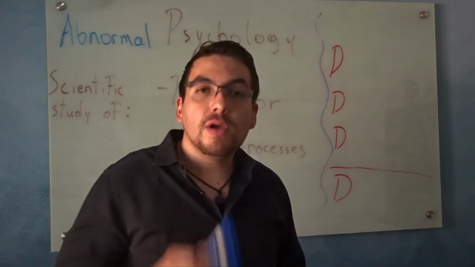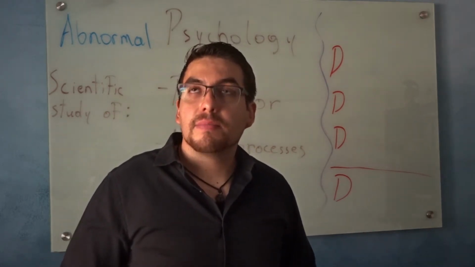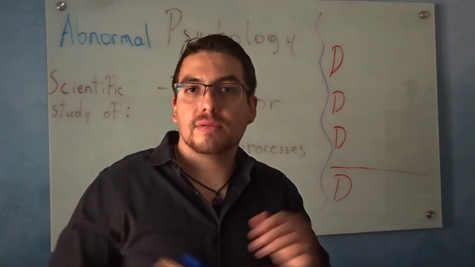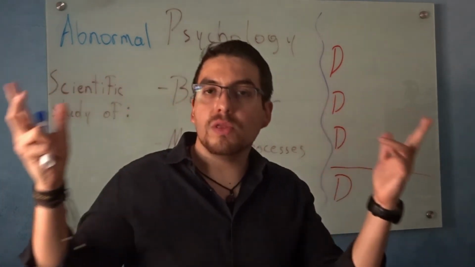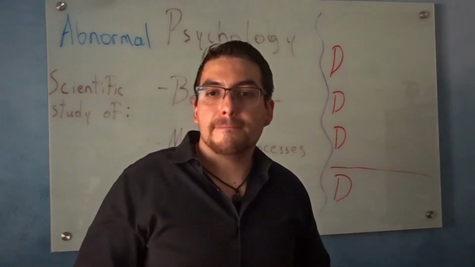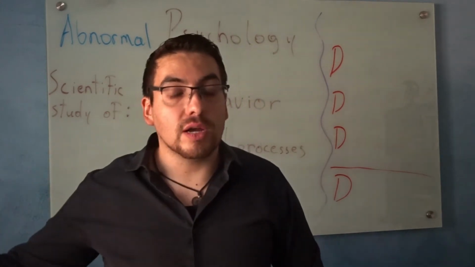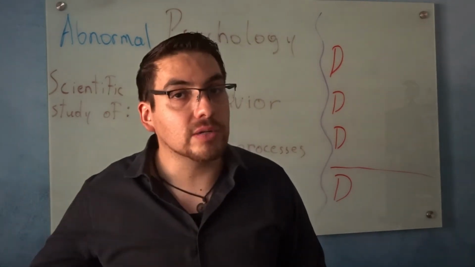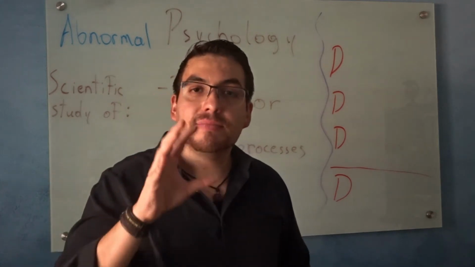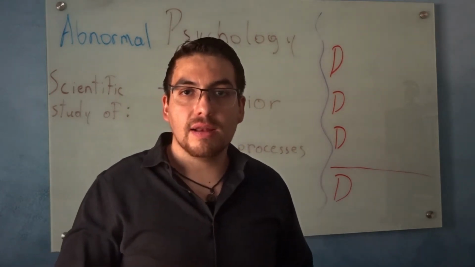To what point does an understandable and somewhat normal depression or grief become a clinical disorder? At what point does it become a clinical depression? That's the main emphasis of this course, right?